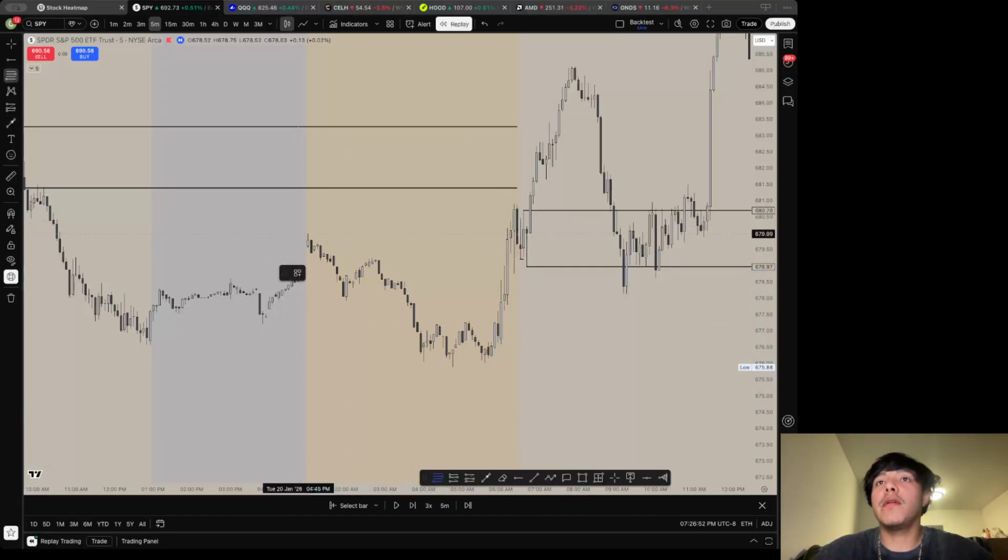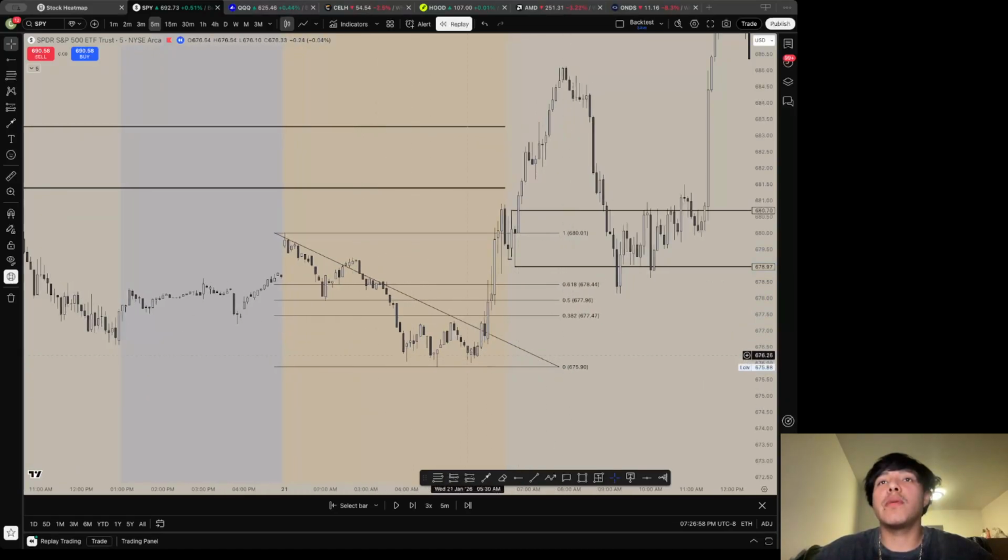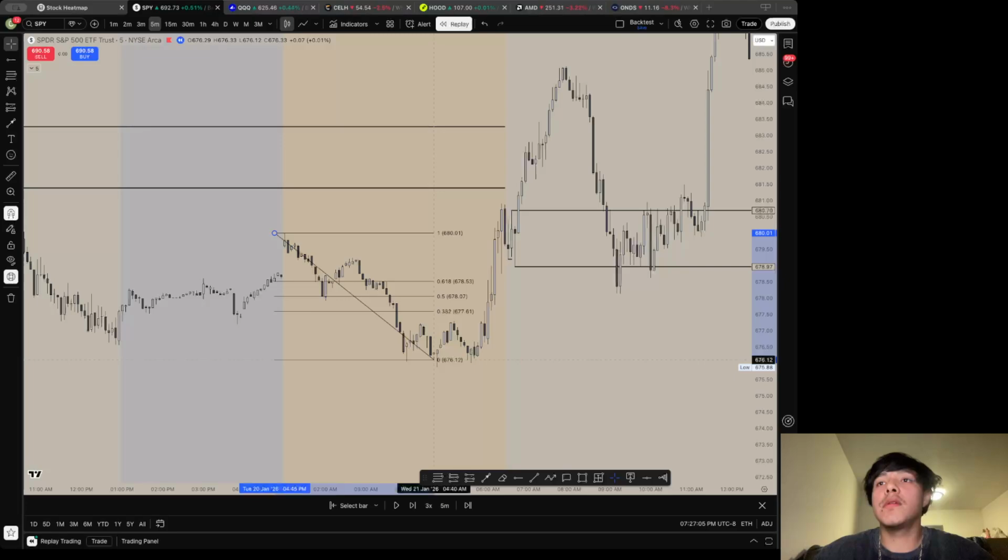From this high, we made a move, and this is the low. So the way I would use this is, okay, we made a move from up here down here, so price is most likely to retrace somewhere around these levels.